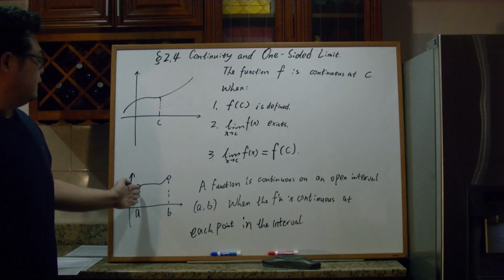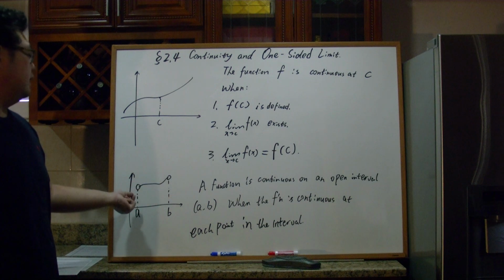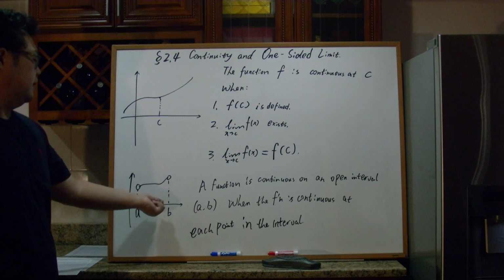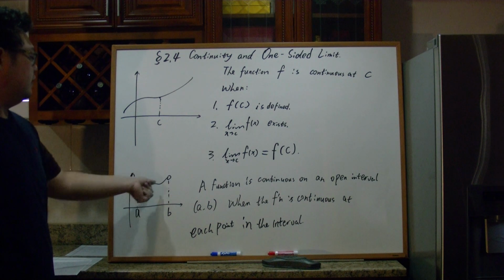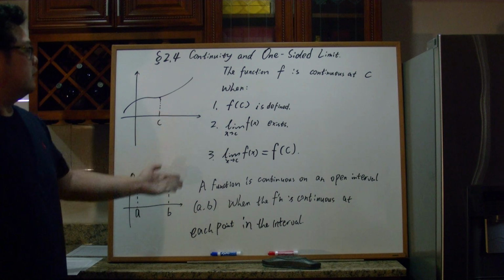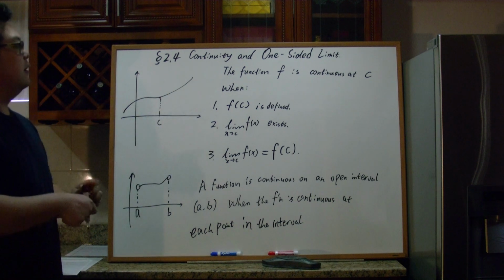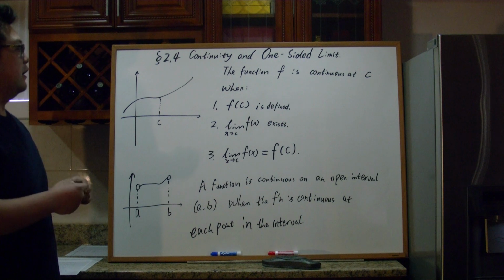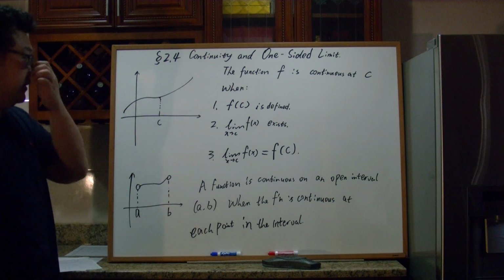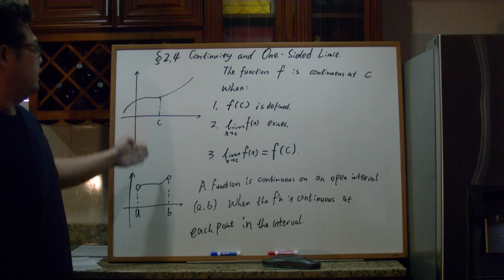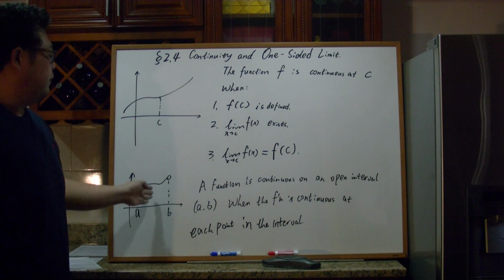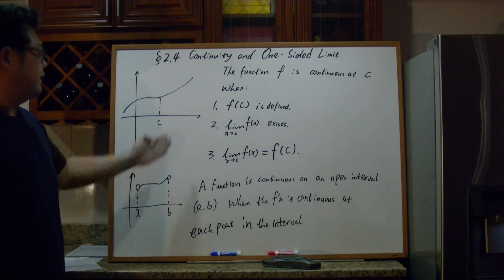For every point inside A to B, even a little bit greater than A or a little bit smaller than B, everything should follow all of the conditions. So I have three conditions, all of which must be satisfied for a function to be continuous at a certain point. So every point inside has that condition.